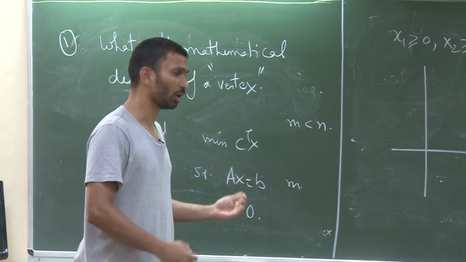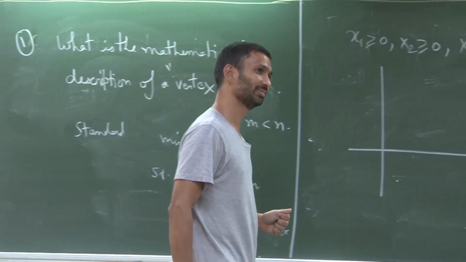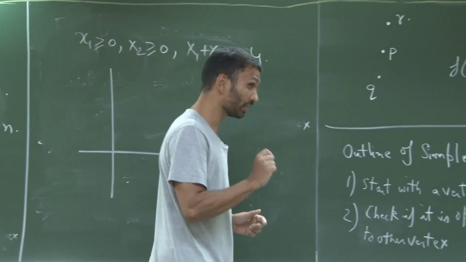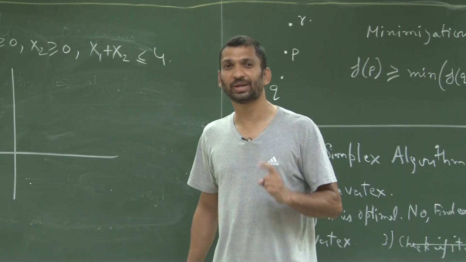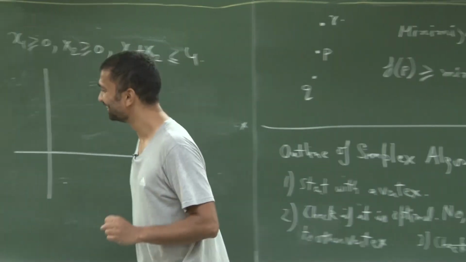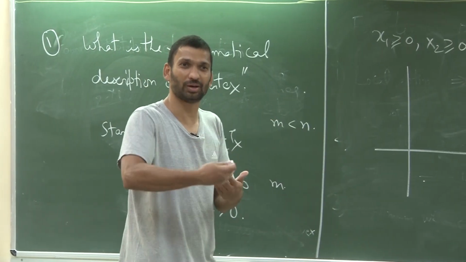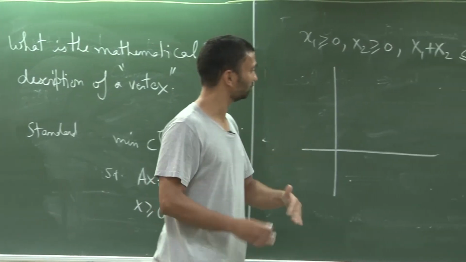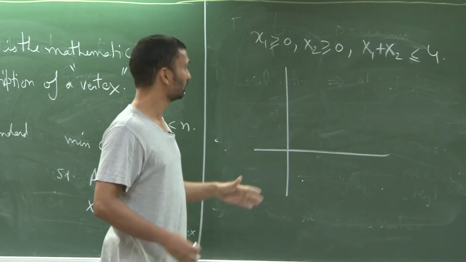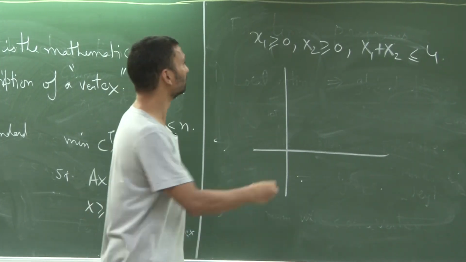Now, what do you think is a vertex? You are still, though you are close. Okay, so now you are guessing. That's okay. Let's try to guess, but in a more informative way. So let's see what happens.